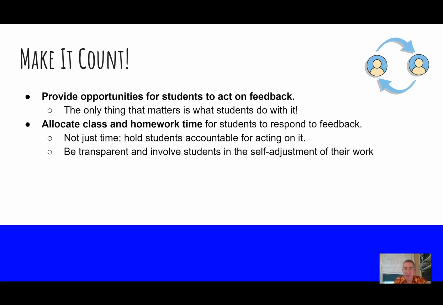If I say, hey, make sure that you graph the function accurately and put some points on the grid, and then the next time they don't do it, that should be something that costs them. And make sure that students know that that's coming, be transparent about it, and let them know how to self-adjust.